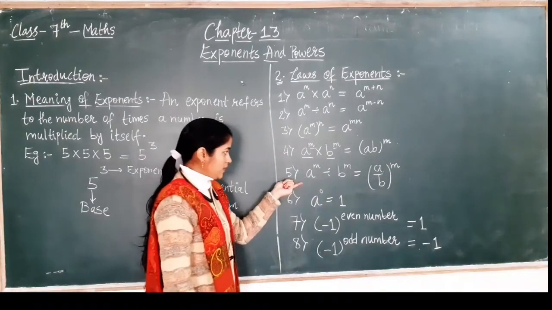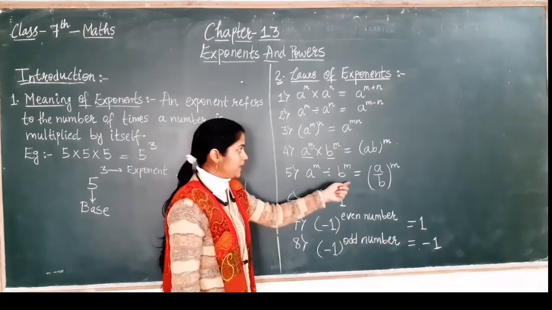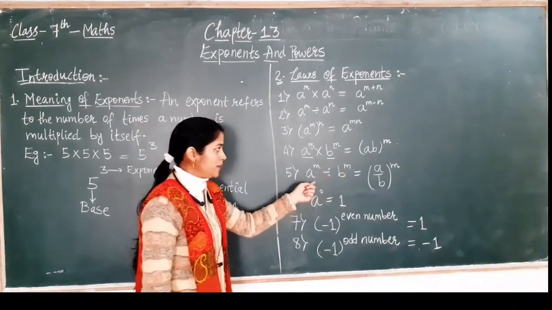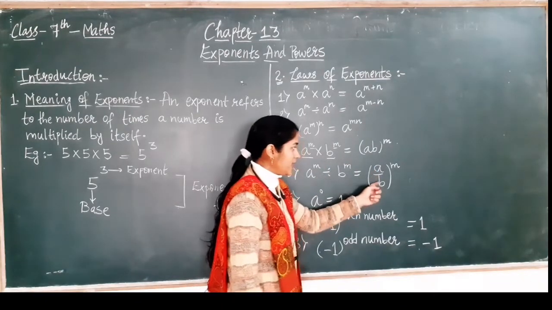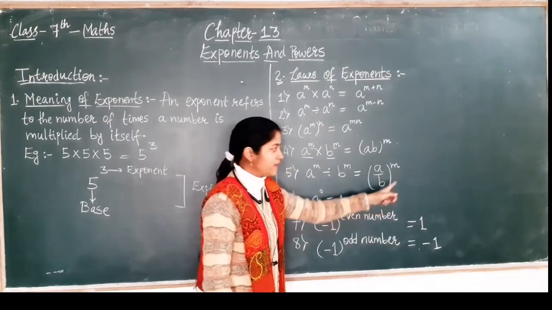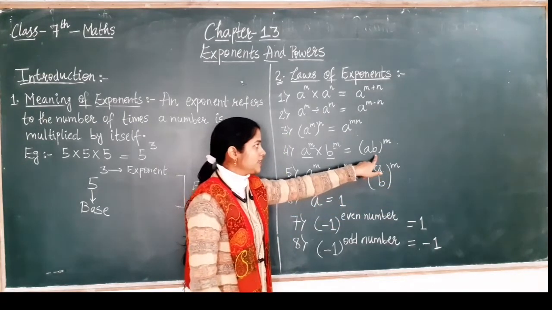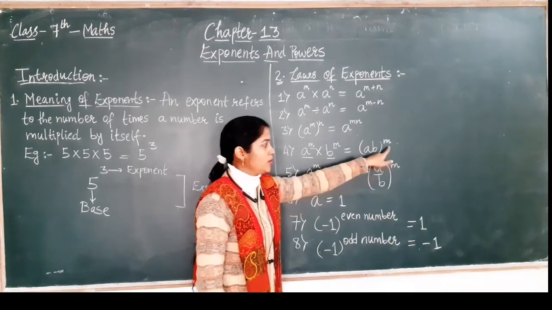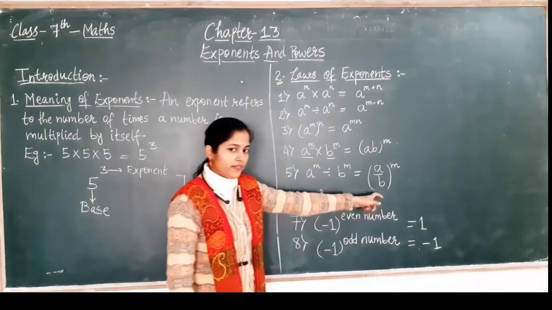So the fifth law says a raised to the power m divided by b raised to the power m. Here also the bases are different and the powers are the same. It is equal to a divided by b whole to the power m. Same as we have seen in the fourth law, the same we have seen in the fifth also.